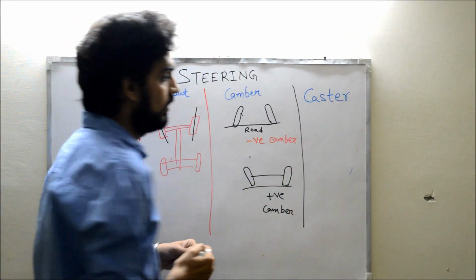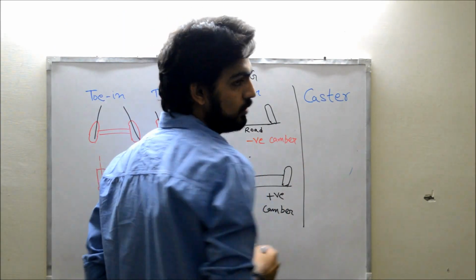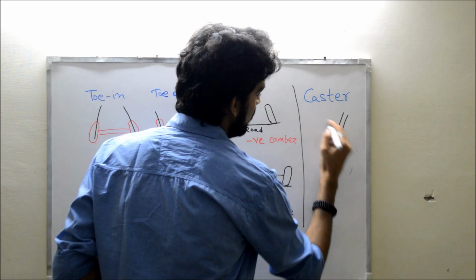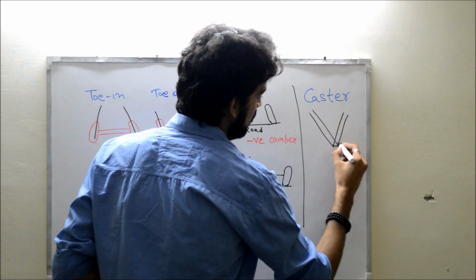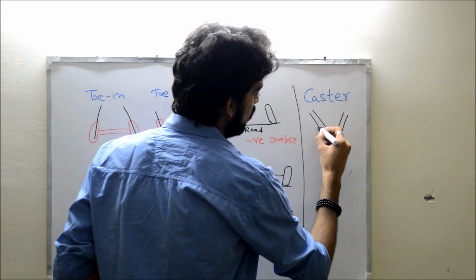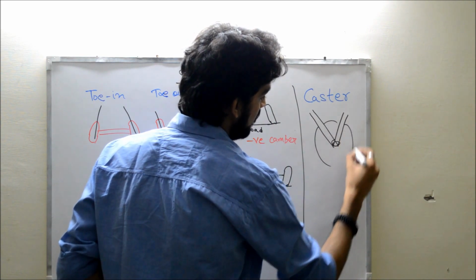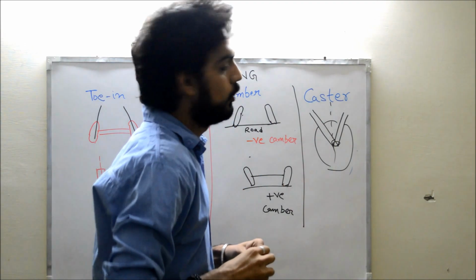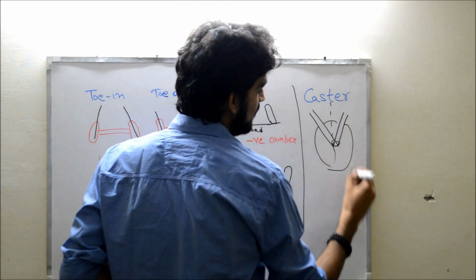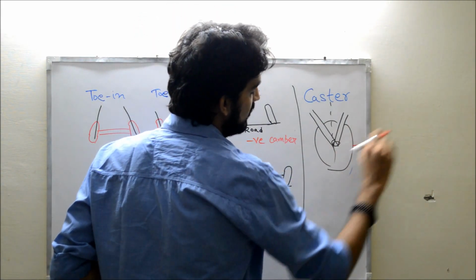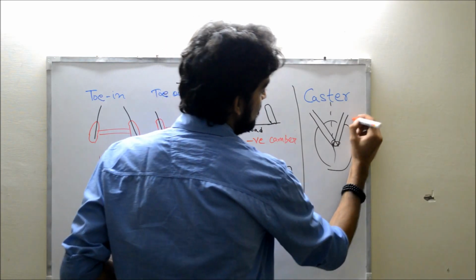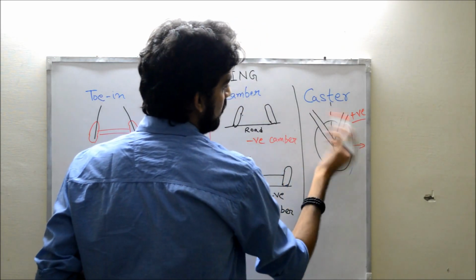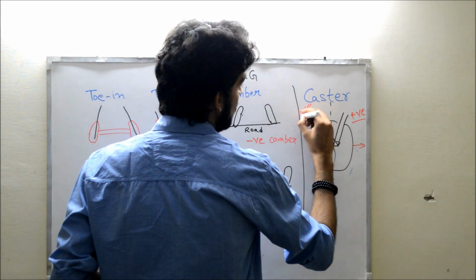In case of caster, we'll talk about the rod which holds the front wheels, which is known as the kingpin. This is the kingpin which holds the hub of the front wheels. If this rod is tilted towards the rear wheels, for example, this is the direction where the rear wheels of the car is, this is known as positive caster, and if just opposite, it's known as negative.